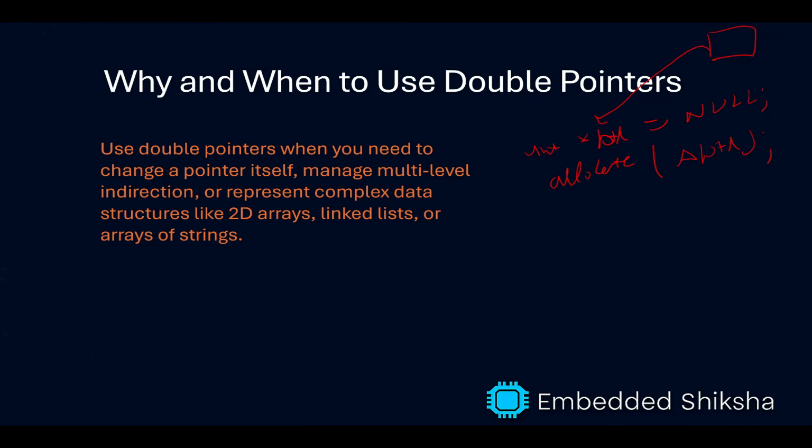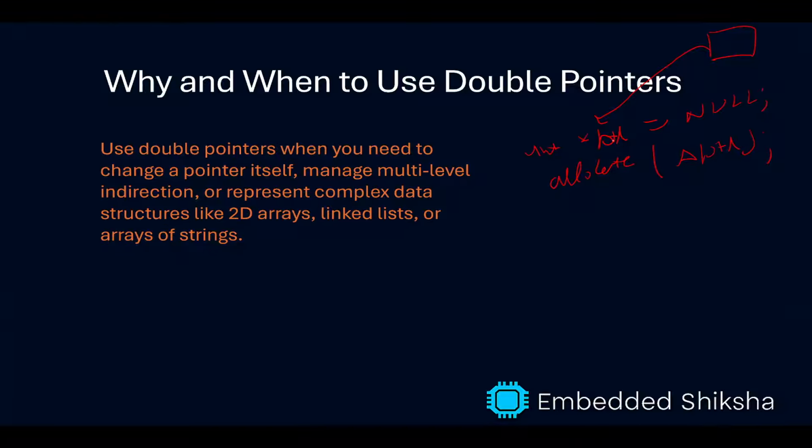But I want to allocate this memory not in this function; I want to allocate it in another function which I will call. So what will happen in that case? Now I want this ptr value to be changed, even though I'm passing this as an argument to the function.